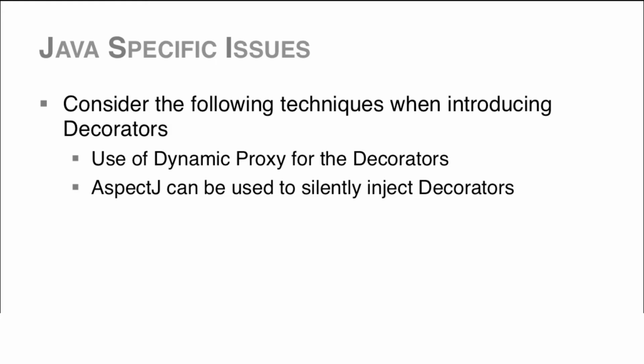A couple of techniques that may dramatically improve the usability of a decorator solution is the use of dynamic proxies and also AspectJ. The use of these two constructs is outside the scope of this design patterns course, but you might want to look at how to use dynamic proxies for implementation of decorators, or maybe AspectJ.